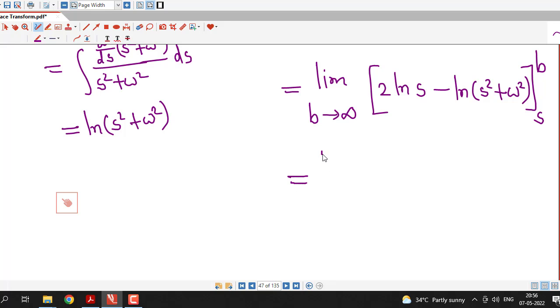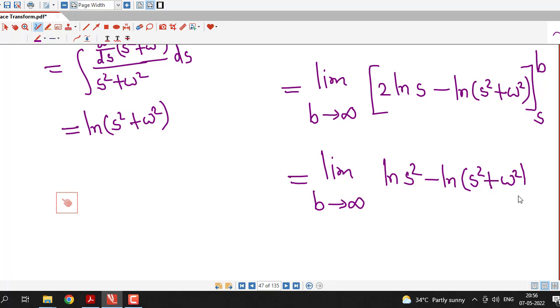Now we try to simplify this function which is written in the bracket. Then we will put limit. So this we can rewrite as log of s square. Using the property of logarithm, this we can rewrite as log of s square minus log of s square plus omega square.